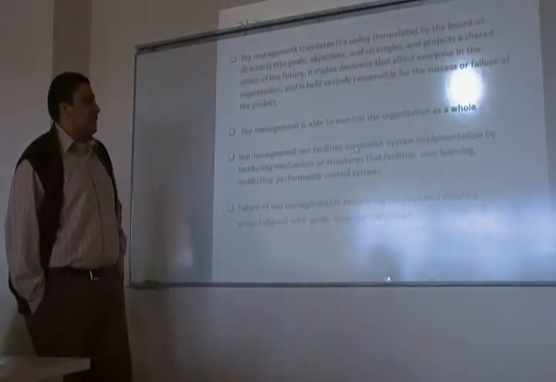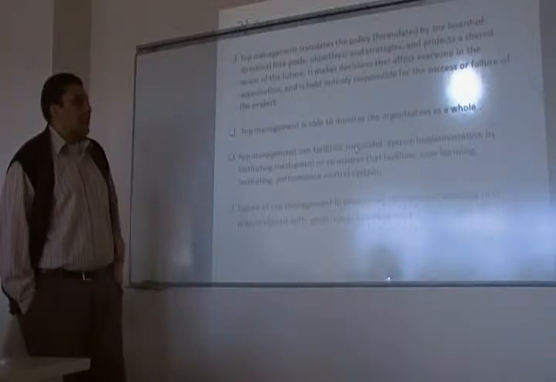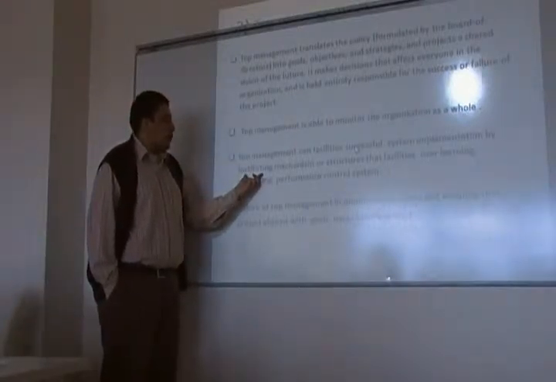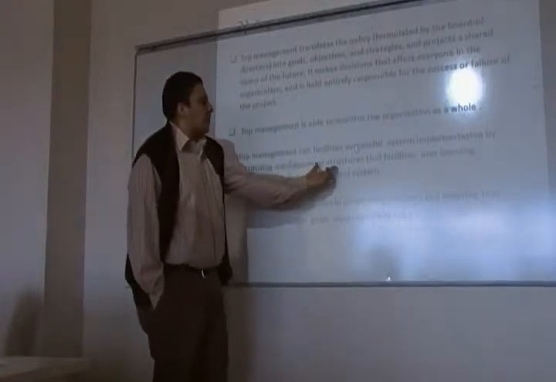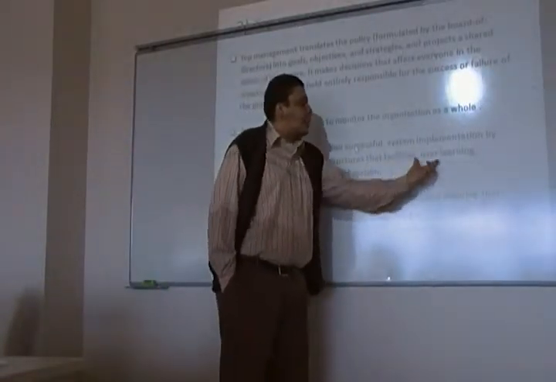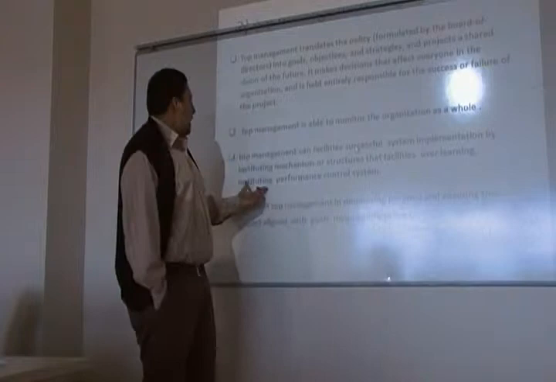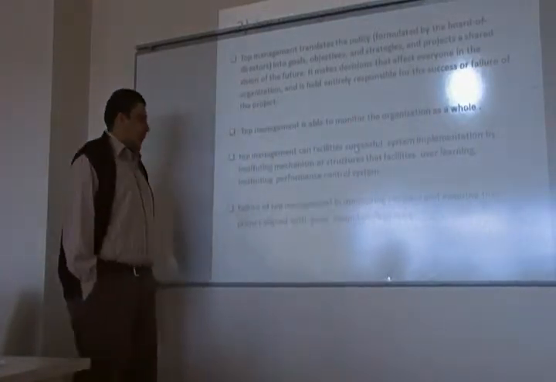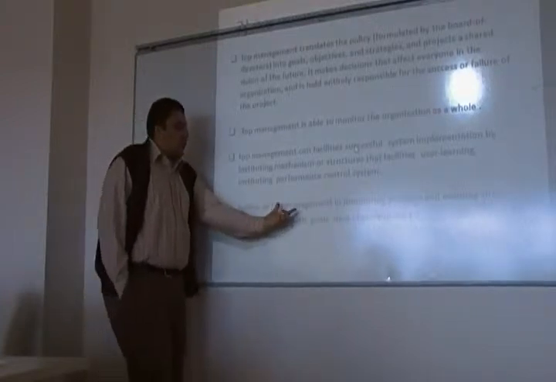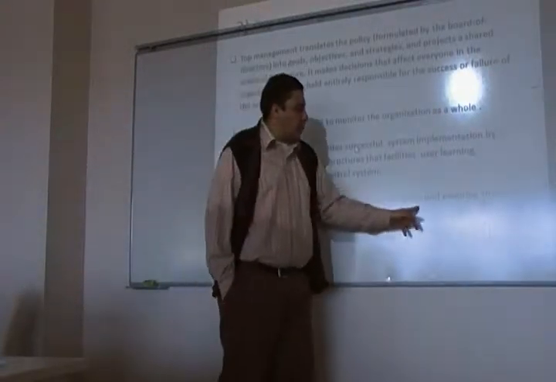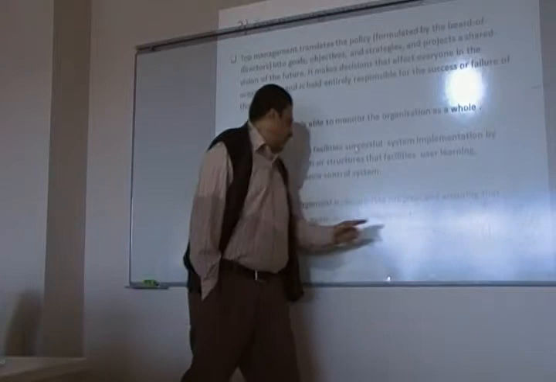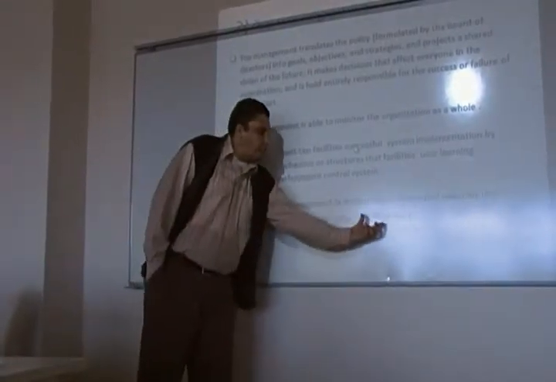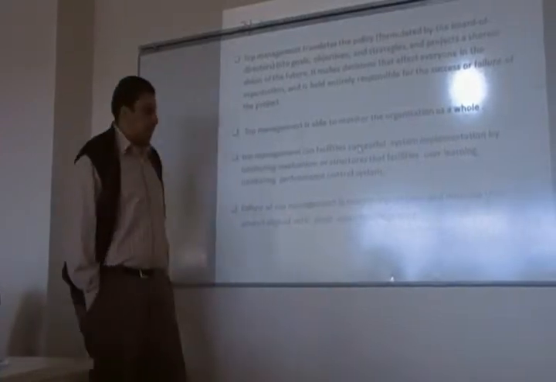Top management can facilitate successful system implementation by instituting mechanisms or structures that facilitate user learning and perform control of the system. Failure of top management to monitor progress and ensure the project aligns with goals may cause projects to fail.